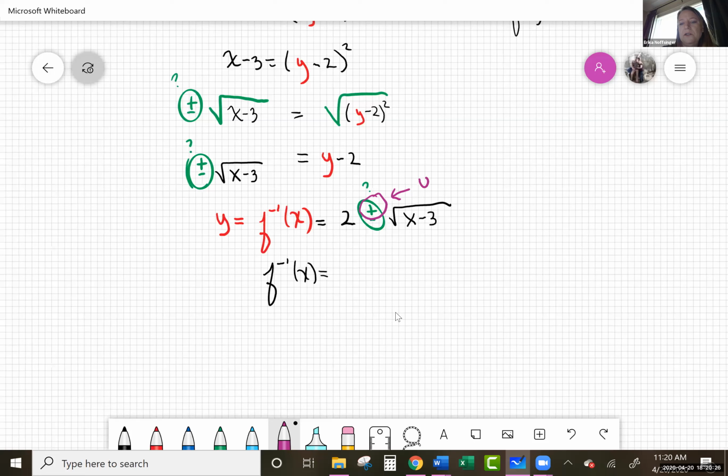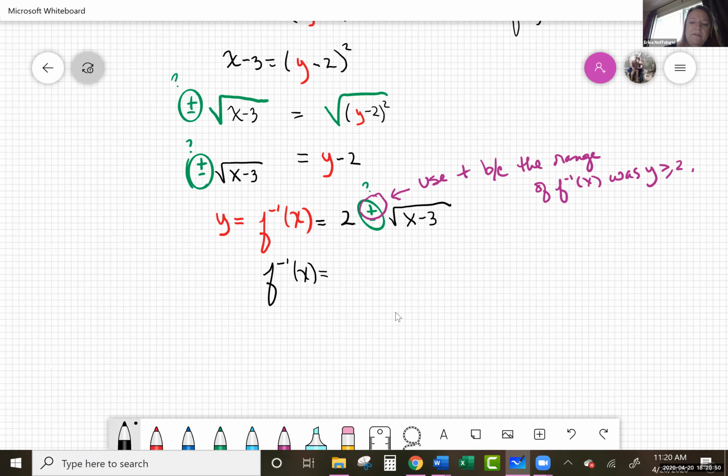So we're going to use plus because the range of f inverse of x was y bigger than or equal to 2. And so our f inverse function is going to be 2 plus the square root of x minus 3.